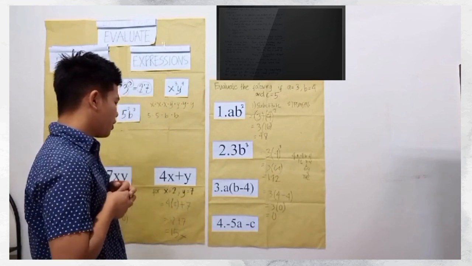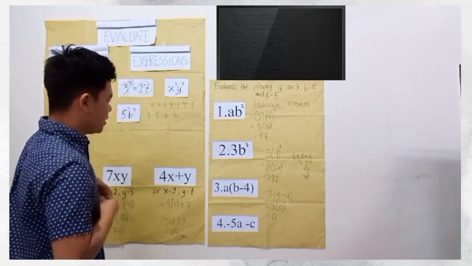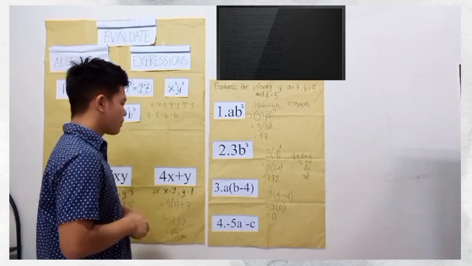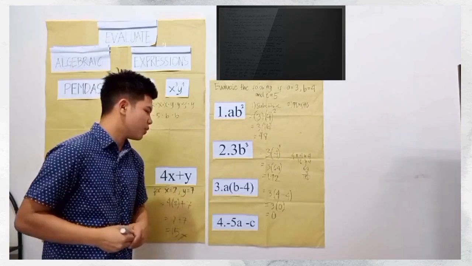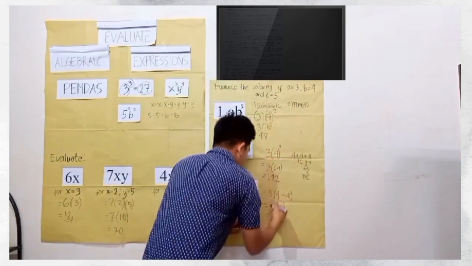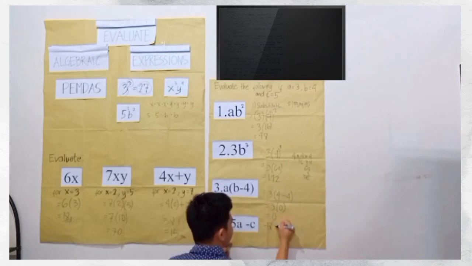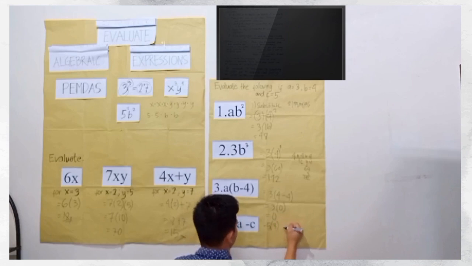And for our last example, we have negative 5a minus c. The first step is to substitute. Substitute negative 5, the value of a is 3, minus c, which is 5.